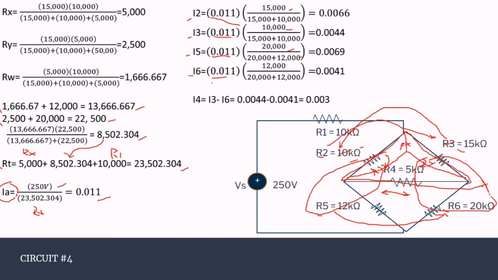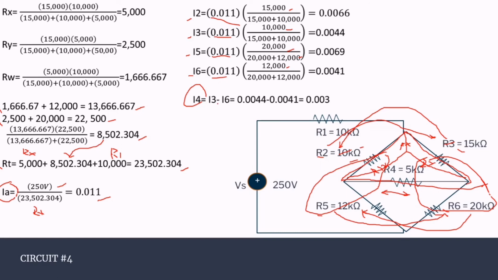And for our I6 is opposite of R5. So 12K will be the numerator. And again, 12K over 20K plus 12K is equal to 0.0041.